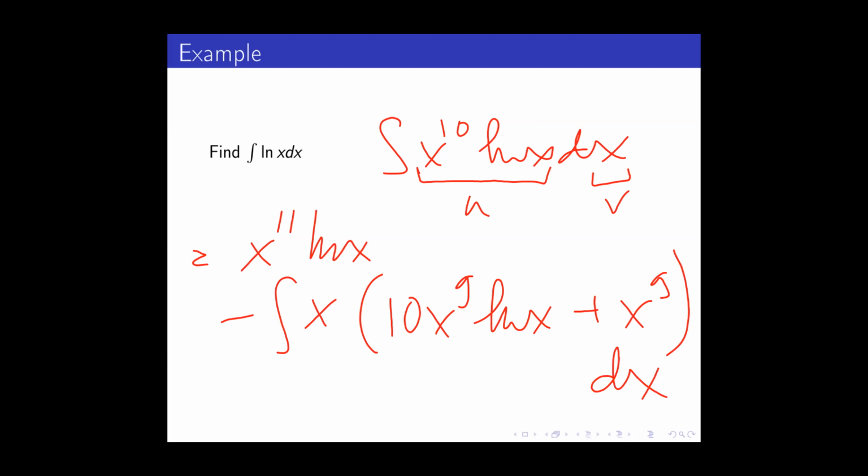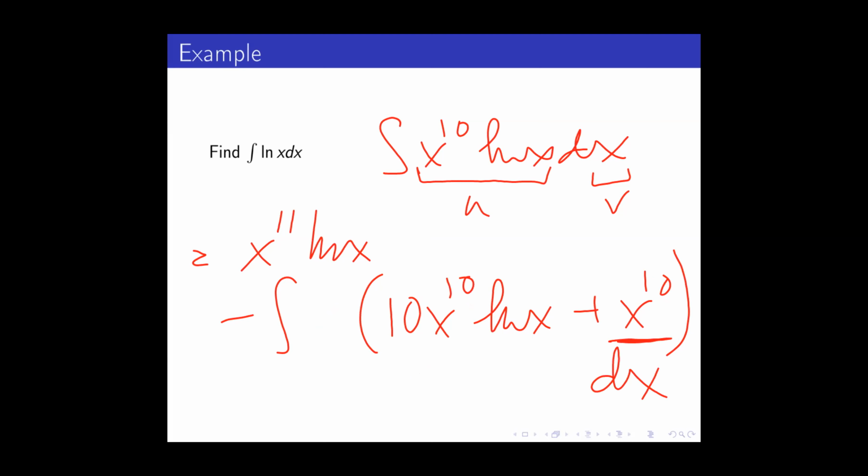Okay. And now you distribute this x inside. What you're going to get is inside you get x to the power 10. So you realize that one part of this is easy to compute, right?